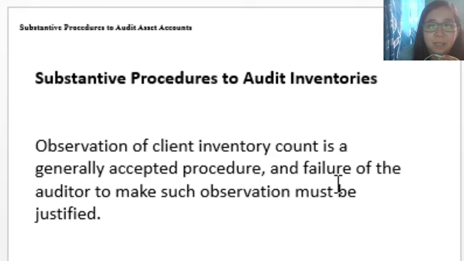And please take note that if the auditor fails to make such observation, he has to justify why he did not observe the inventory counting. Again, this is very important to determine valuation and existence of the inventories.